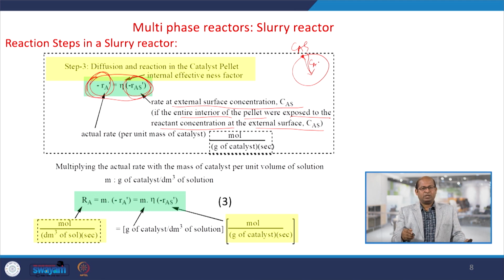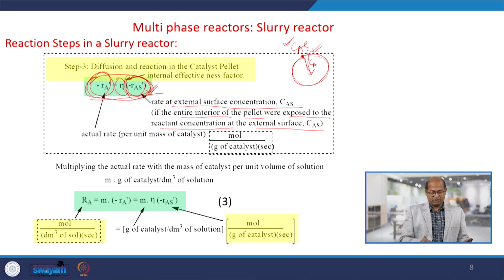For a spherical particle, the external concentration is higher and the inside concentration is different. The active sites remain inside the catalyst particle and inside the pores. If they were exposed, a large number of surface active sites would be available, and the rate would be overall higher. This is the rate we can write that way, that is the efficiency.